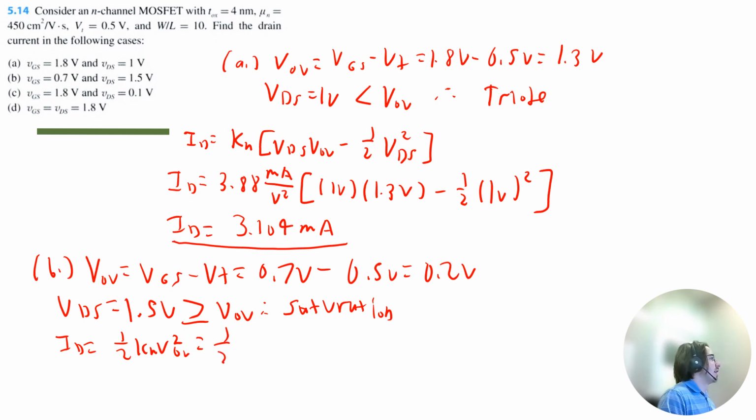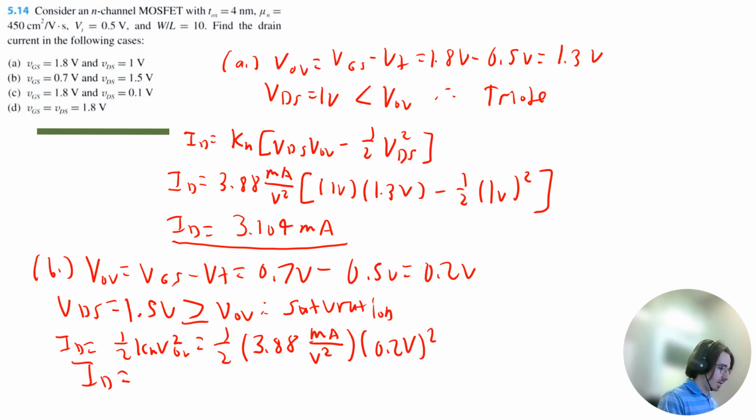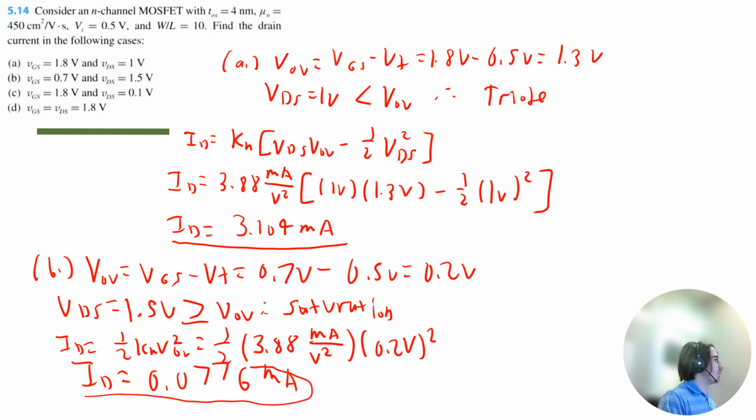That's 1/2 times K_n, which is 3.88 milliamps per volt squared, times V overdrive squared, 0.2 volts squared. And I get a drain current of 0.0776 milliamps.